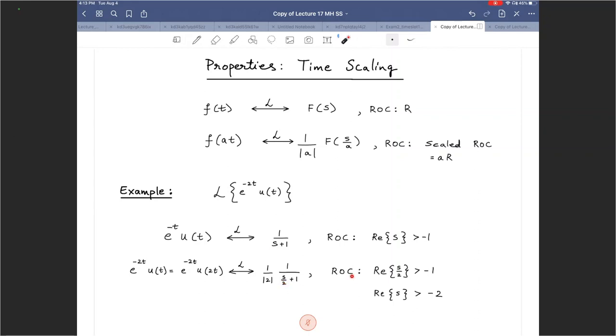And the region of convergence here is going to be real part of s over 2 greater than negative 1, which essentially means sigma should be greater than negative 2. So that's how it is getting scaled in the s-plane. So the region of convergence changes, and the Laplace transform also changes by 1 over absolute of a, F of s divided by a.